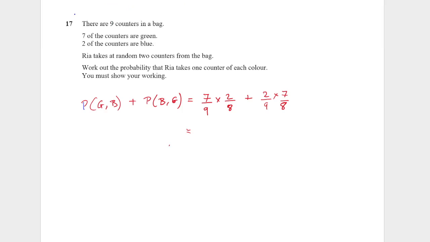So I can cancel down by a factor of 2 here, so that would be 1 and 4, and I can do the same here, 1 and 4. Okay, so 7 times 1 is 7, over 9 times 4 is going to be 36, plus probability 7 out of 36 again. So it's going to be 14 out of 36.